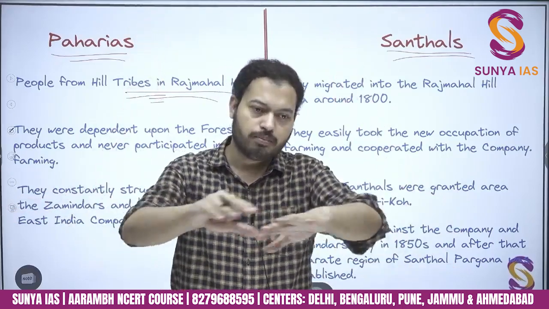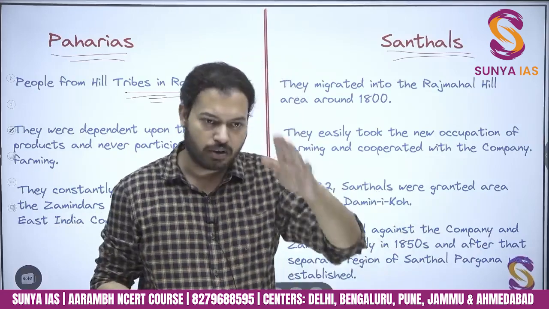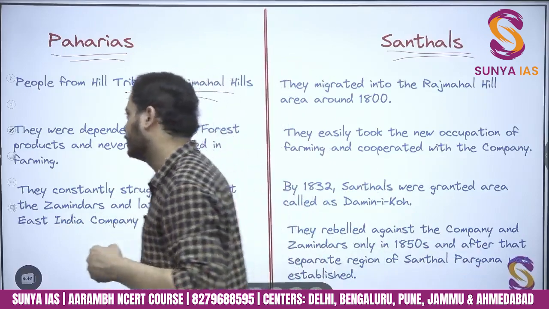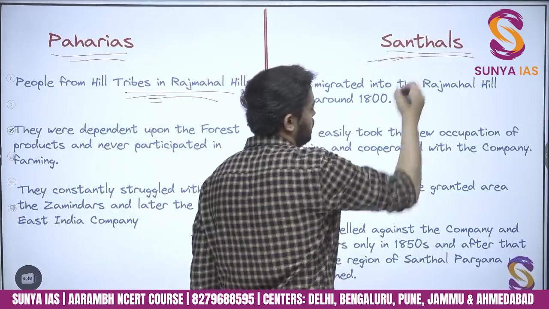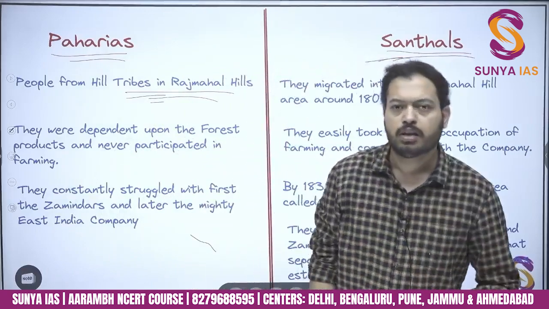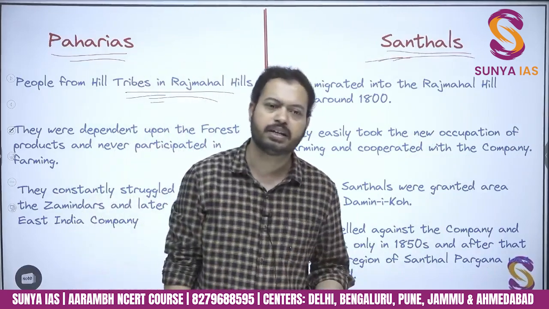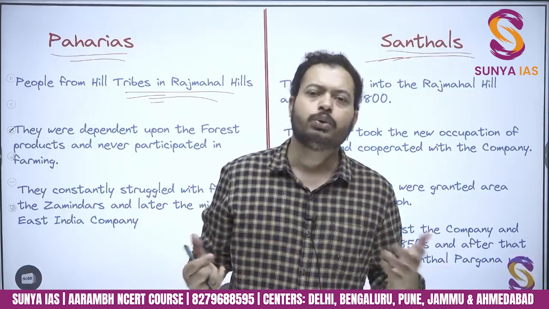And on the border area, right when the plains started, that area was handed over to the Santhals. Now Santhals were also tribals, but by 1790, 1800, 1810, the Santhal community was ready with doing farming.